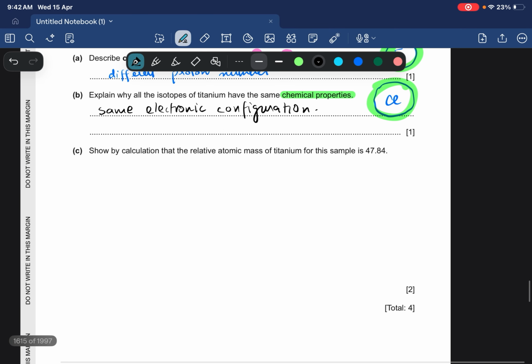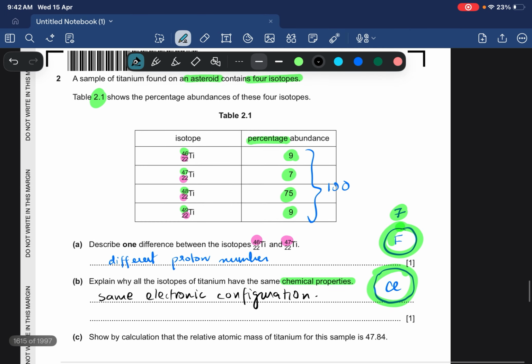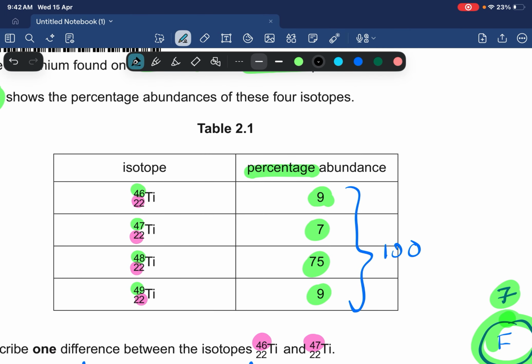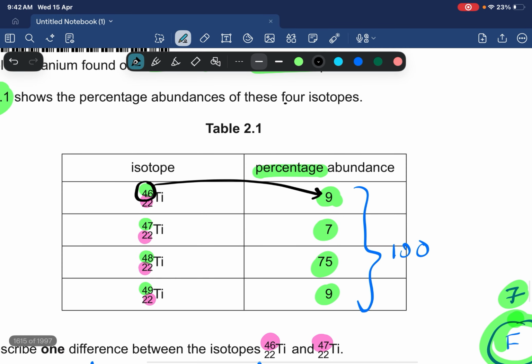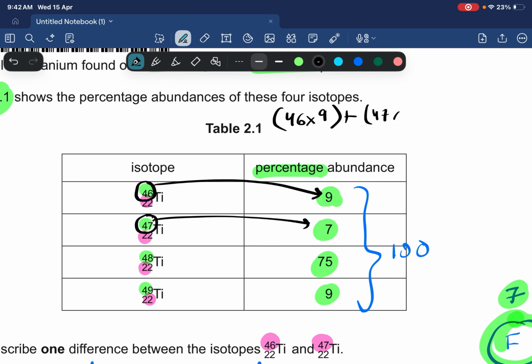Show by calculation that the relative atomic mass of titanium for this sample is 47.84. Okay. How do you show it? You take the mass number, multiply it with abundance, like 46 multiplied by 9. Then again you take the mass number, multiply with abundance, 47 multiplied by 7.